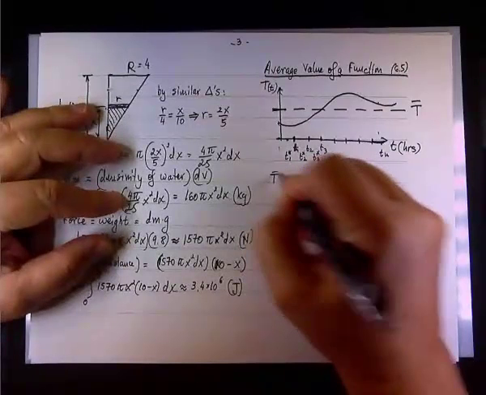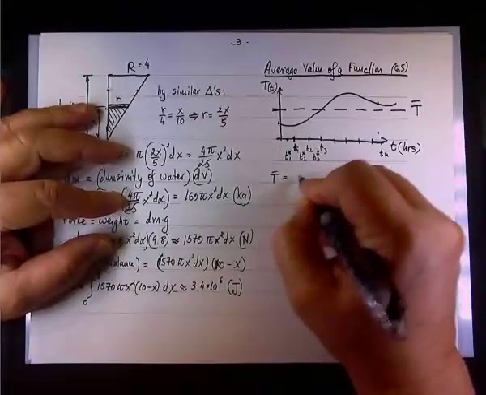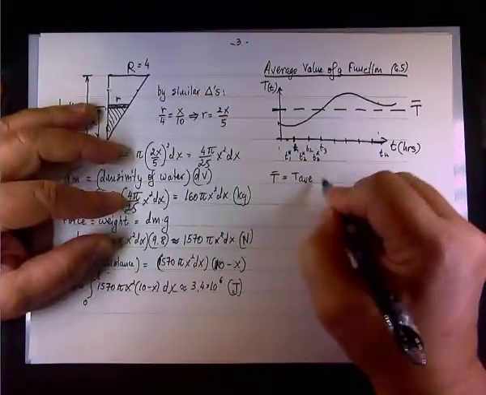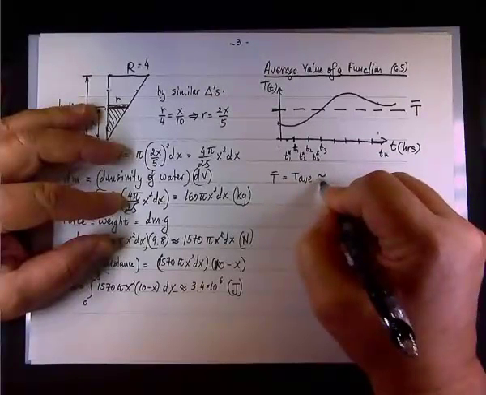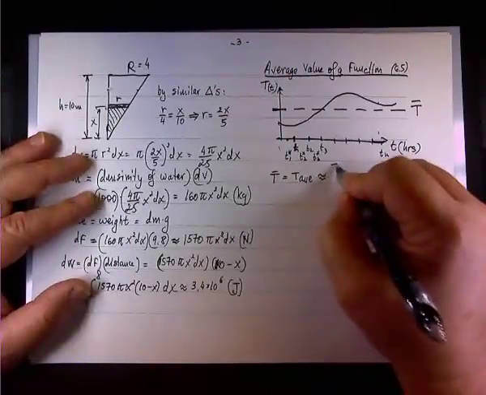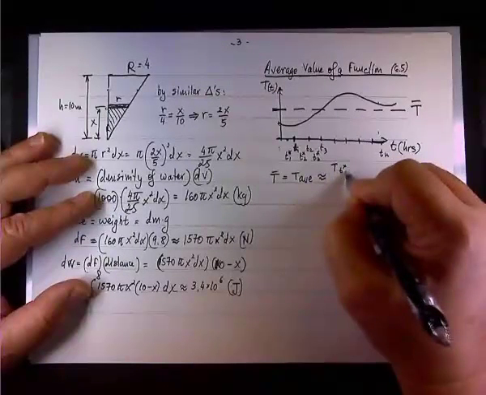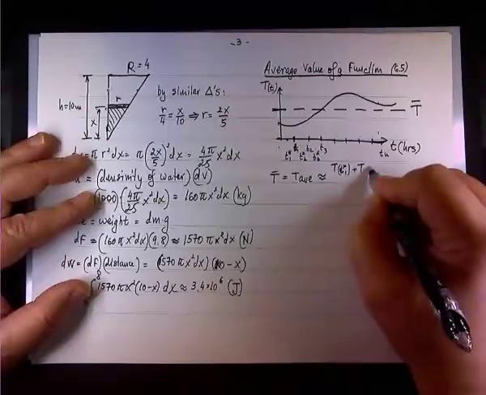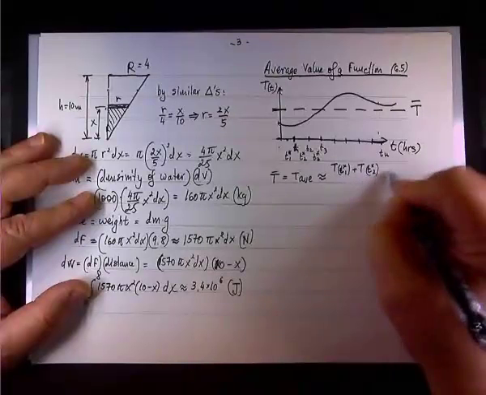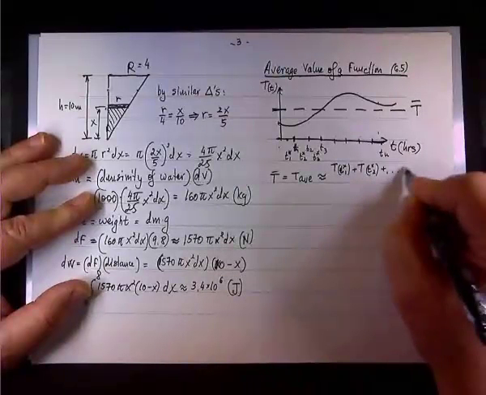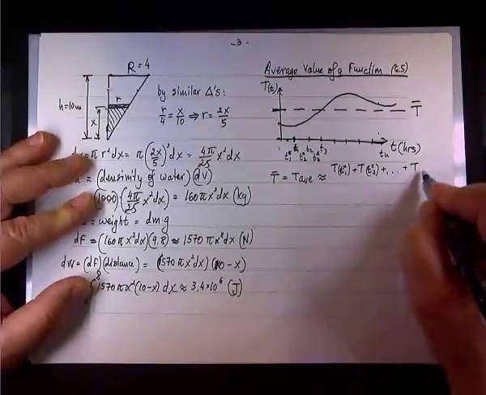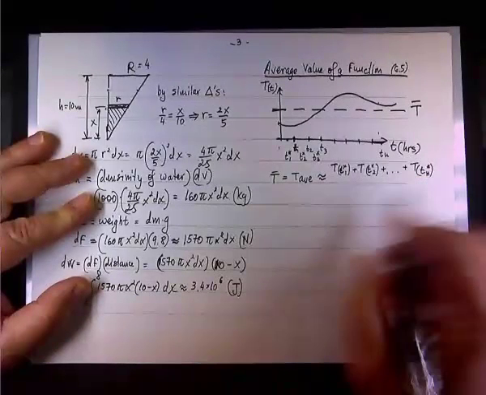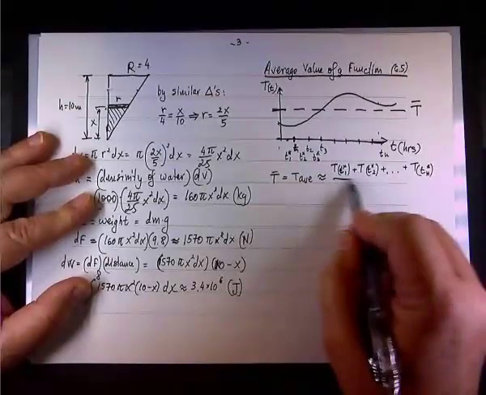And we're going to say that the average daily temperature, T bar, which is T average, if you want, equals what? We can say it's going to be approximately equal to the temperature at t star sub 1 plus t star sub 2 plus dot dot dot all the way to the last measurement, t sub n.